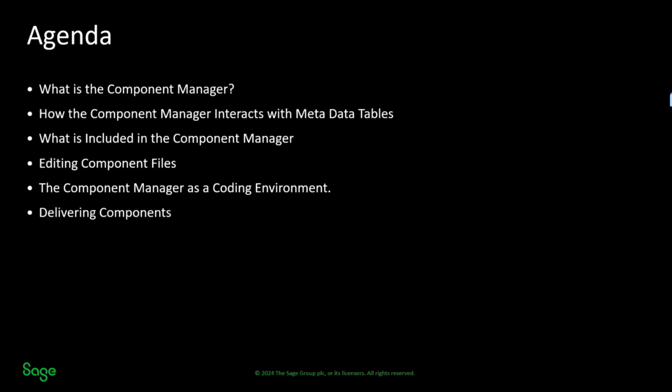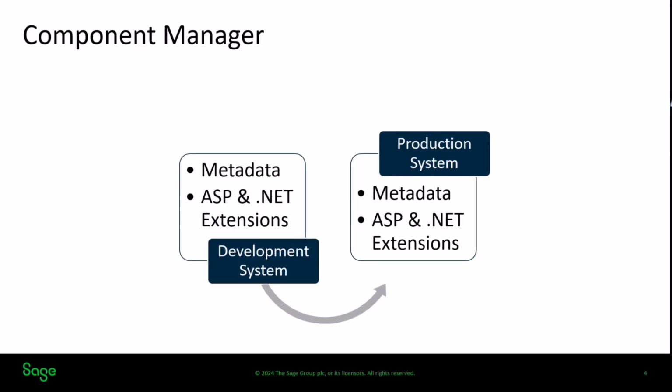So the component manager is this tool that we have for taking metadata and extensions of the system, whether that's written in ASP pages or .NET, to be delivered from a development system into a production system.